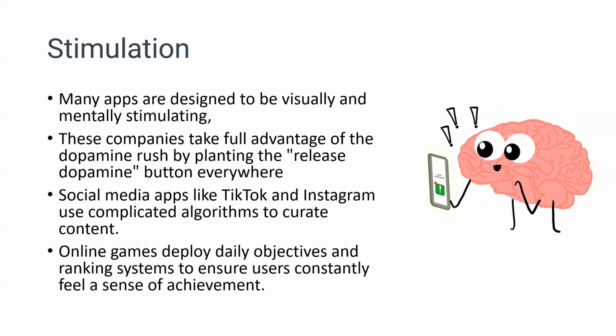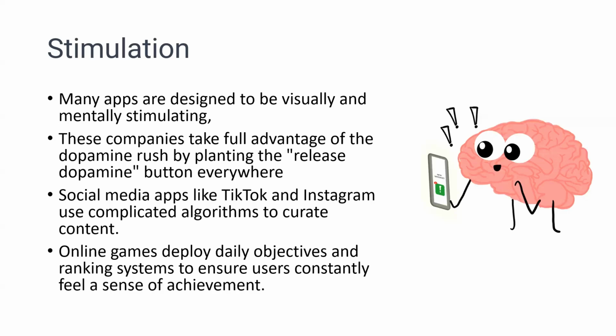For instance, social media apps like TikTok and Instagram use complicated algorithms to feed users with content, and this content is carefully selected to make sure users are always stimulated to the maximum and always find these new videos interesting.